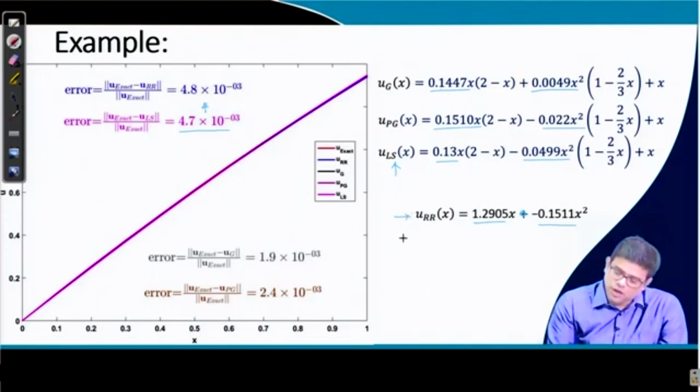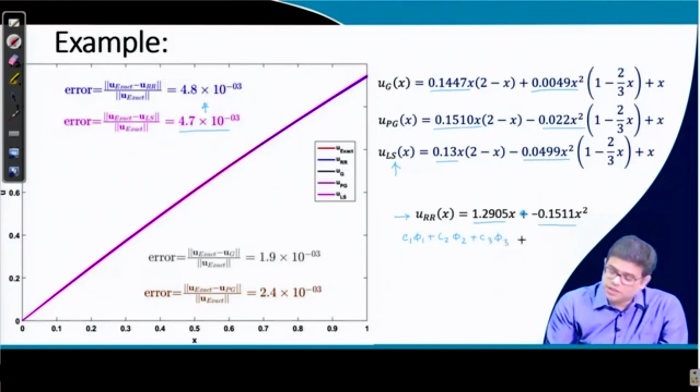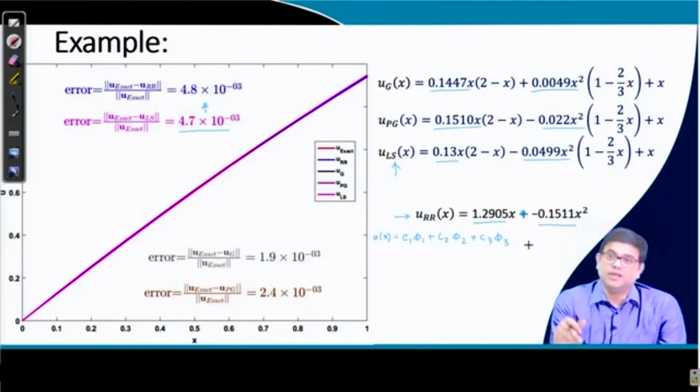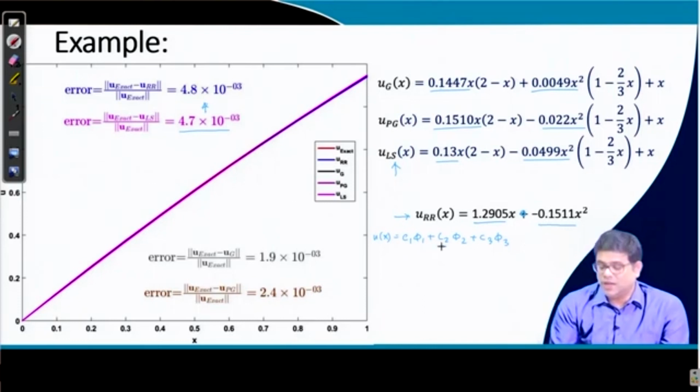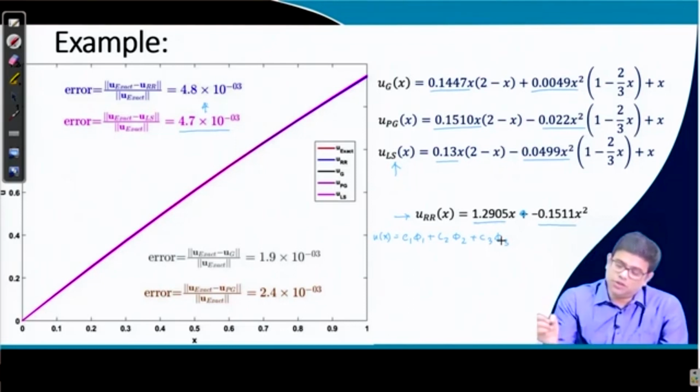We have to choose actually C1 phi 1, C2 phi 2 and C3 phi 3. So for Rayleigh-Rinz for this problem, phi 0 is 0. If I choose like this, then obviously the Rayleigh-Rinz method will give a better solution, and obviously this will have a cubic polynomial. So this is one of the important things.